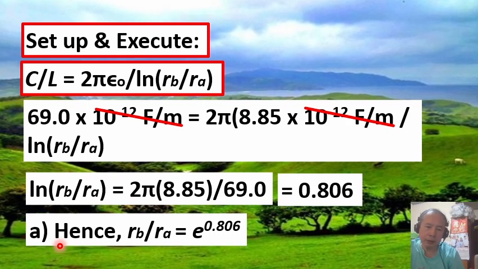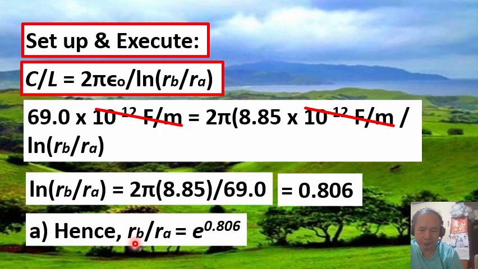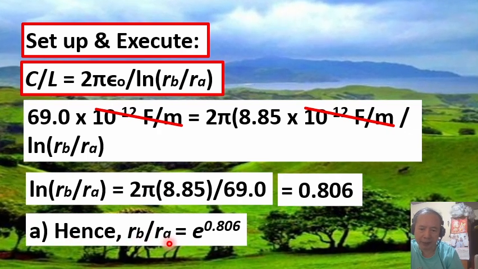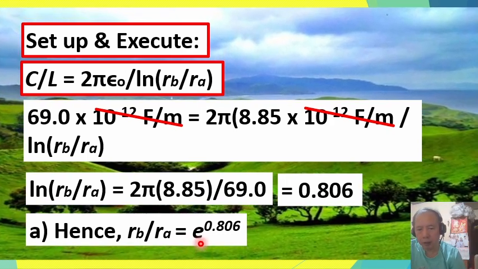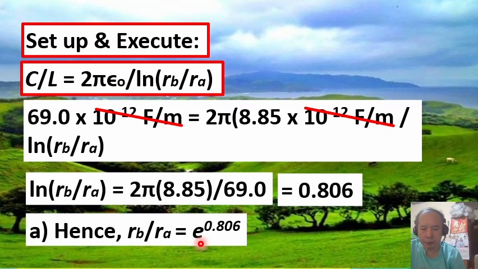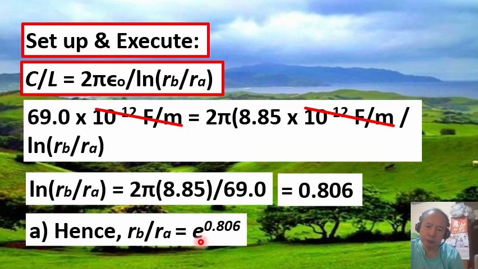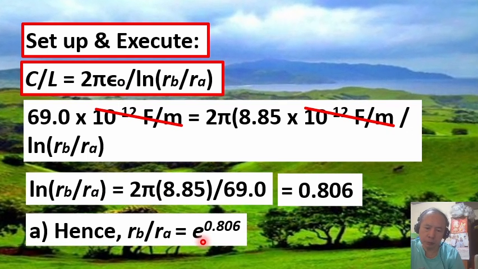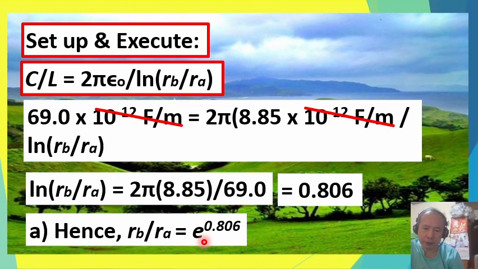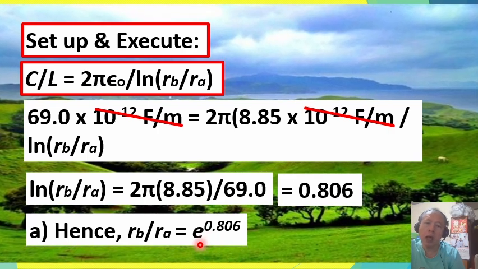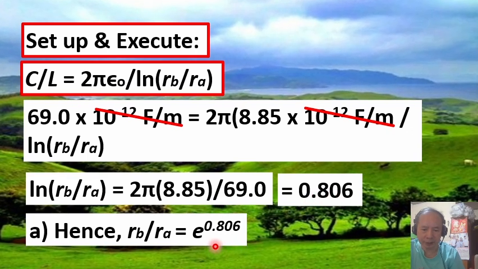Therefore, for our answer in part A, the ratio R sub B over R sub A is equal to Euler's number, denoted by letter e, whose value is 2.72 if we use three significant figures, raised to the power 0.806.